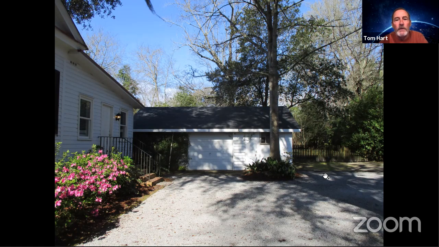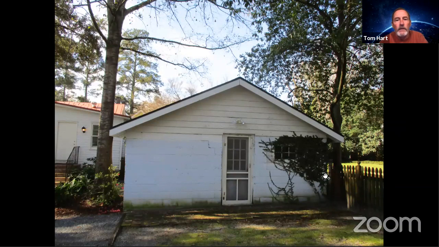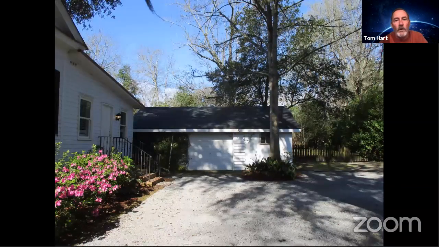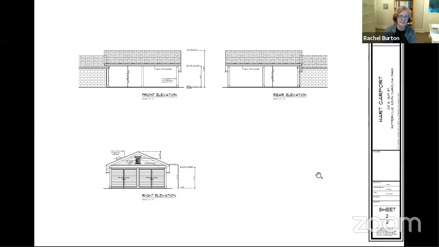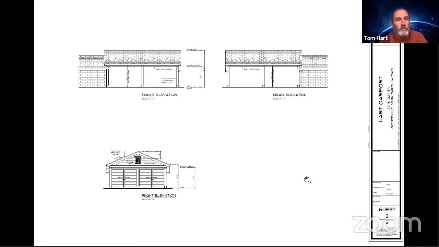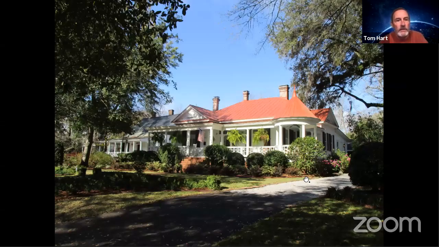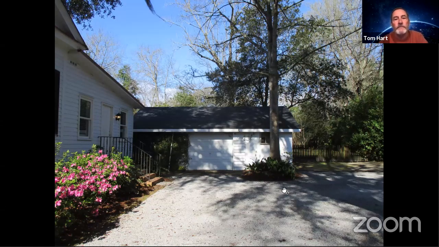And it would be open on the front and back, and it'd be adjacent to that wall that you just saw there. Questions, anyone? Can you tell us the colors, please? It'd be white with an existing asphalt shingle roof to match the garage that's there.